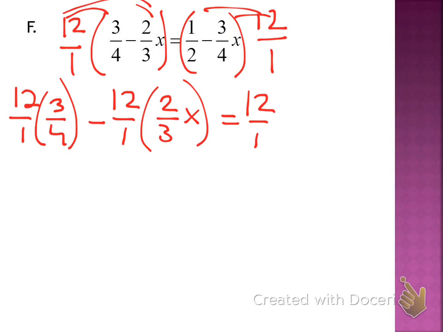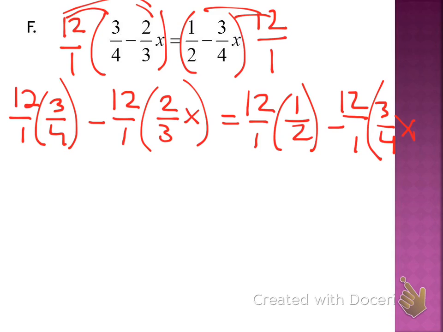Alright, so 12 over 1 times 3 over 4 minus 12 over 1 times 2 over 3x equals 12 over 1 times 1/2 minus 12 over 1 times 3 over 4x. All right, from here, the 4 and the 12 should become a 1 and a 3.